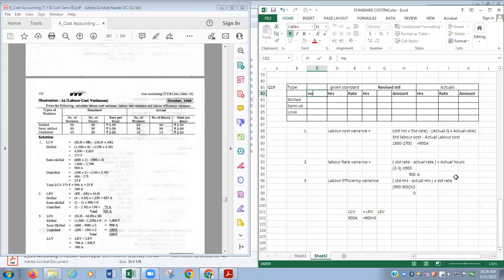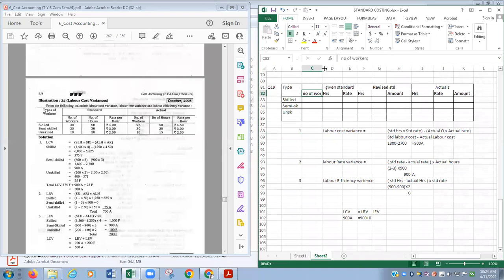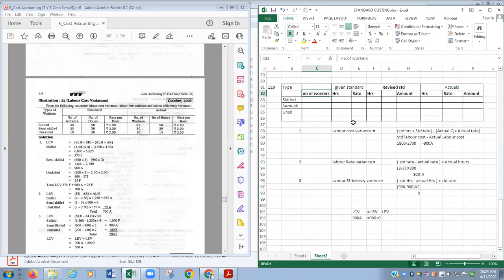Let number of workers, skilled 30, 20 and 10. See, in case of type of workers, sometimes they may give men and women also.